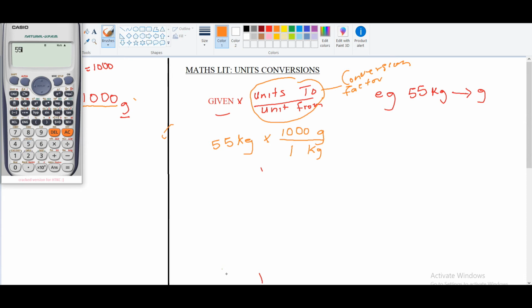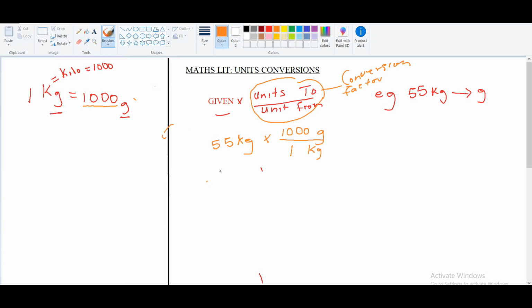You have 55 multiply by 1000 over 1. Then you get this thing equals to 55,000 grams, because these kgs and those kgs cancel.